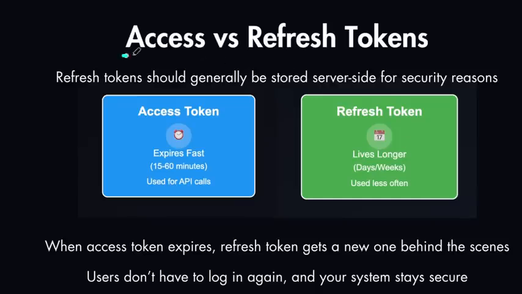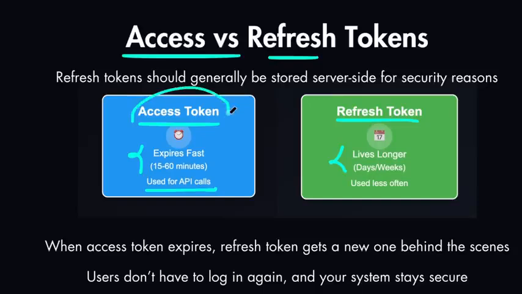Next, we also have access and refresh types of tokens. So modern systems use short-lived access tokens, which expire faster, and also long-lived refresh tokens, which usually expire later than the access tokens. Access tokens are used for API calls, so whenever you want to get some data from the API, you send this access token to access the data. And refresh tokens, on the other hand, are used to renew the access tokens.